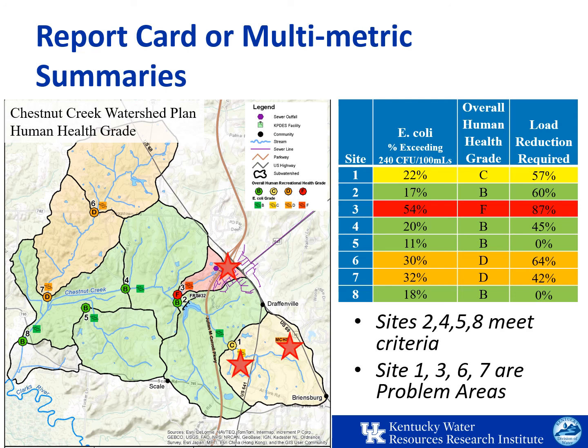For instance, those red stars are locations with failing sanitary sewer facilities, and the areas marked with a D have a lot of agricultural setting there that would need to be fenced out. So it's quick summary information for what is causing the impacts and where to focus attention.